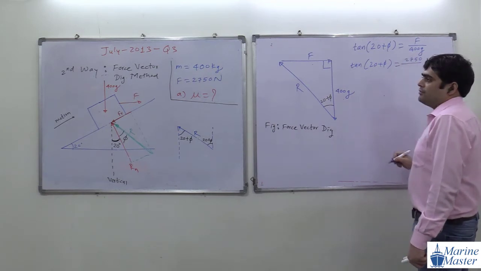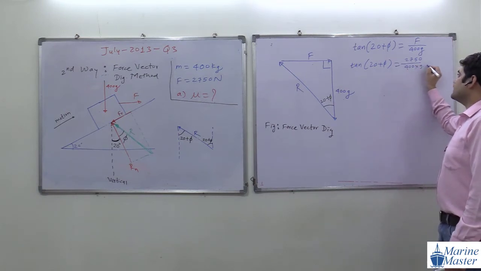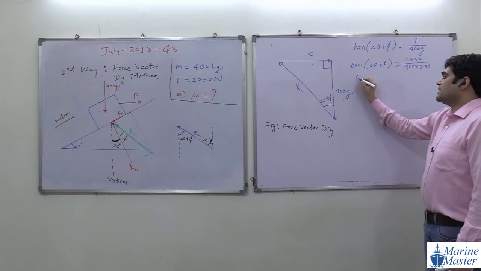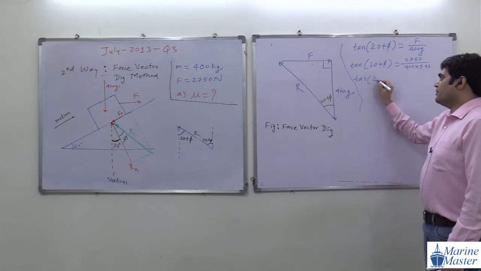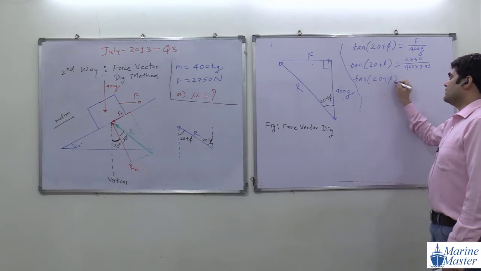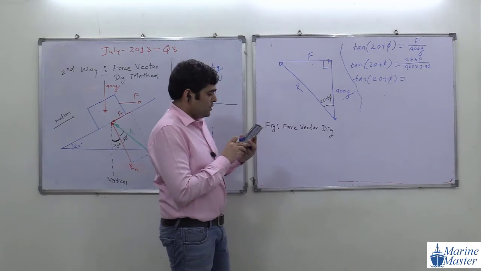And the mass M is 400, G is 9.81. Please calculate this term, everyone: tan of 20 plus 5.